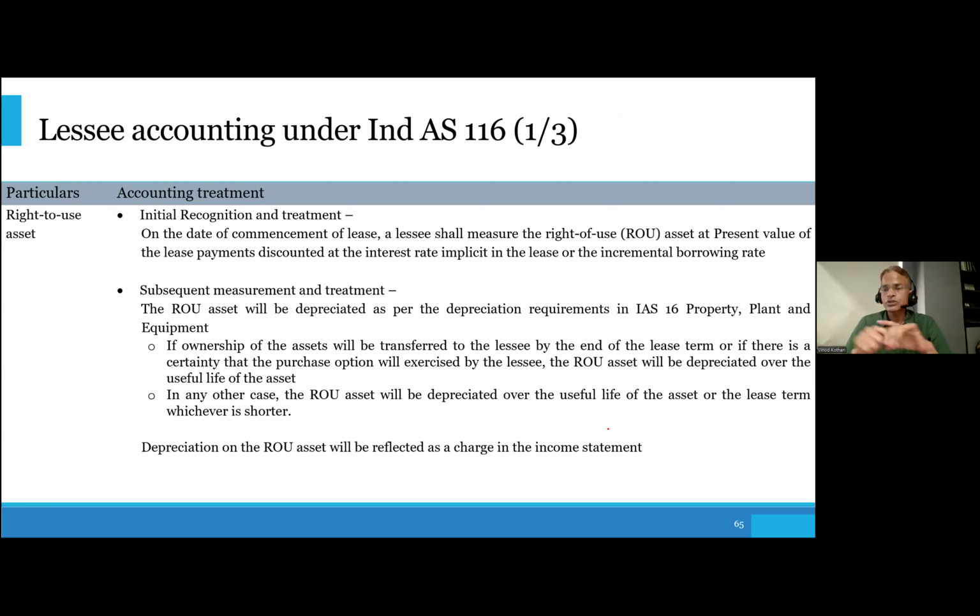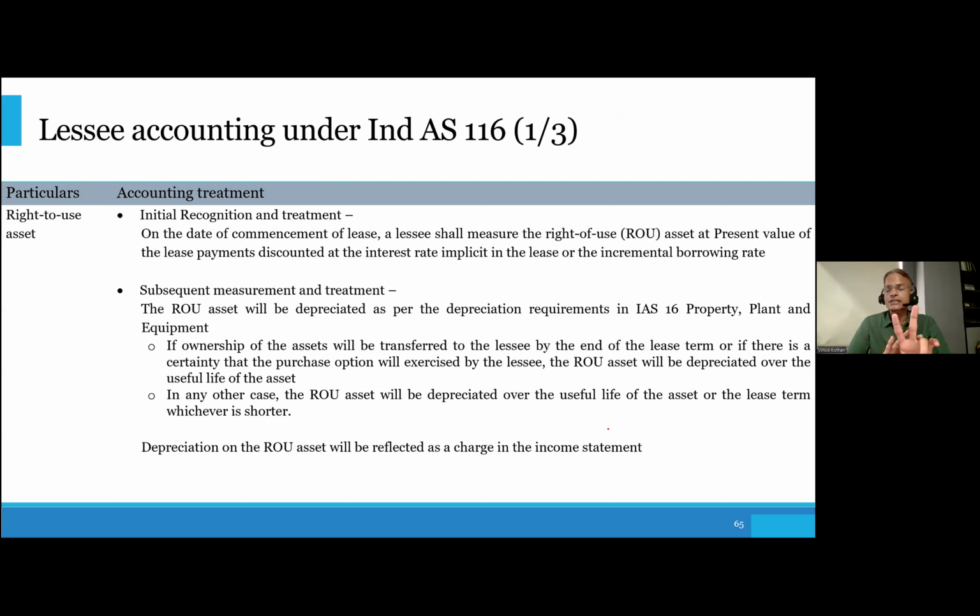At the inception of the lease, the value of the ROU asset is the cost which has been paid or which will be paid over time for acquiring the right. Now tell me, what cost is the lessee paying for acquiring the ROU asset? Quite simply, the lessee is paying the lease rentals.